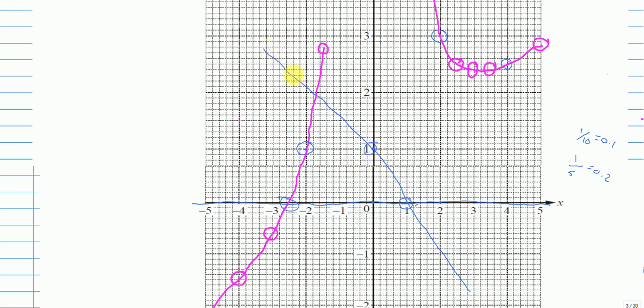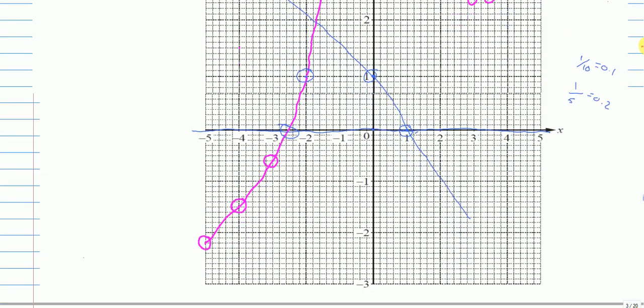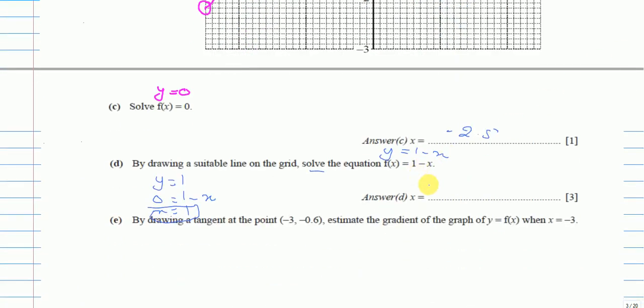Now as you see, this intersection point is our solution, which is around somewhere between 1.6 and 1.8. Again, my graphs are not as accurate, but in the paper you will get it accurate, so I will just say it is somewhere around 1.6.